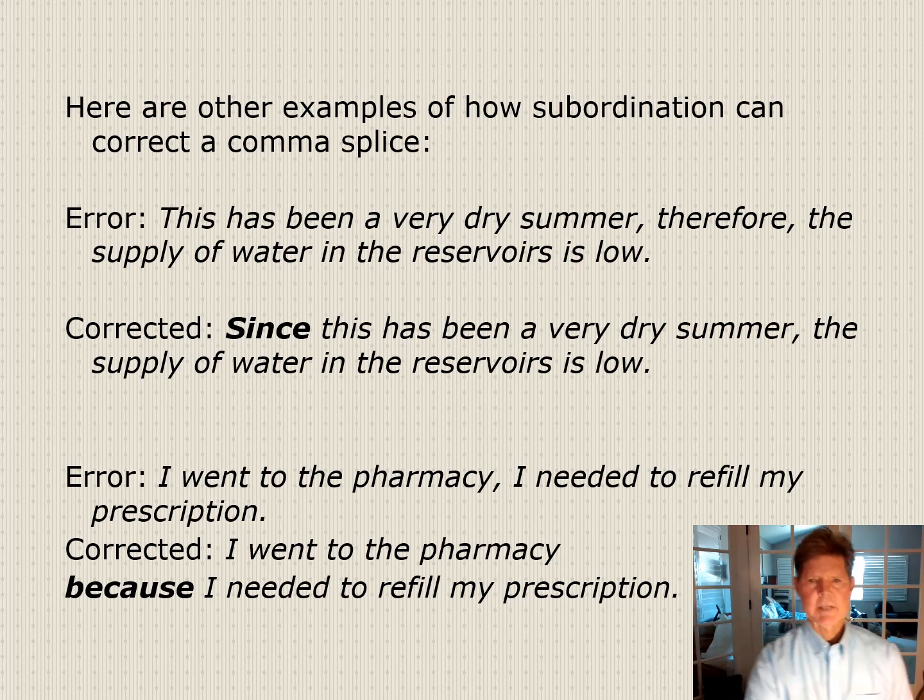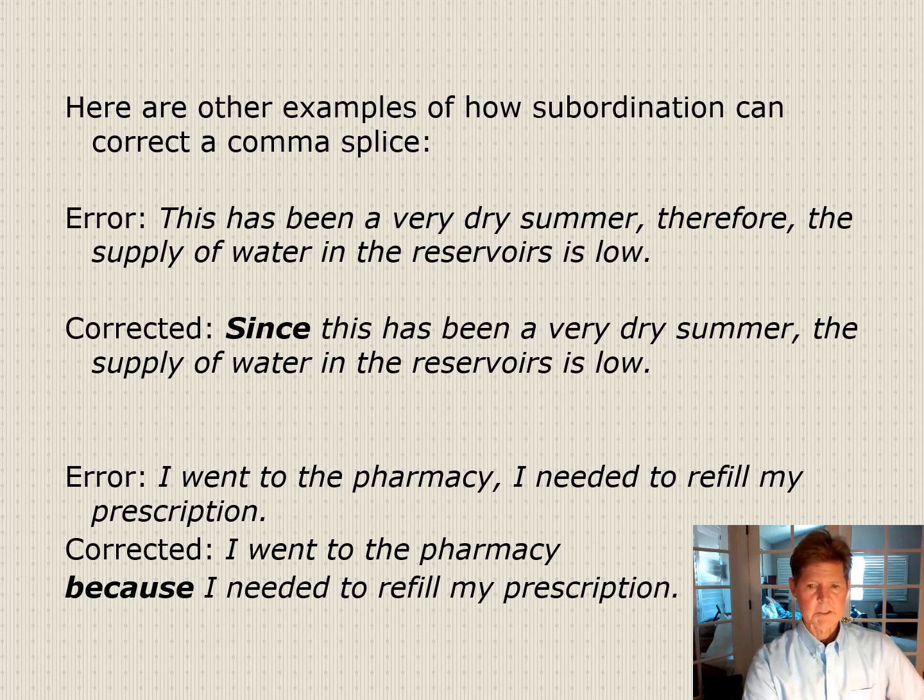Here are other examples of how subordination can correct a comma splice. Error. This has been a very dry summer, comma, therefore, comma, the supply of water in the reservoirs is low. Corrected. Since this has been a very dry summer, comma, the supply of water in the reservoirs is low. Error.